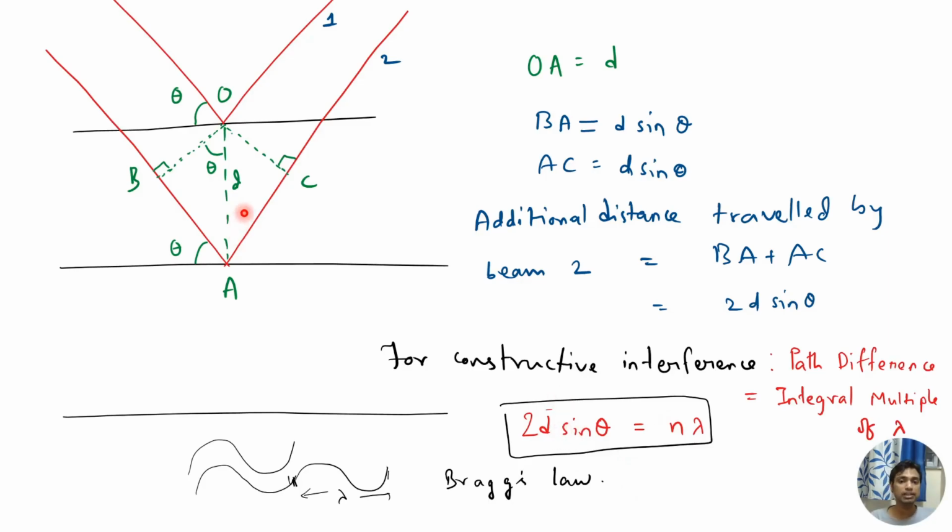D is the interplanar spacing. Sin theta, theta is the angle which you can get experimentally. It is the angle at which you are incidenting your X-ray or some electromagnetic waves, and lambda is the wavelength of that incident wave.